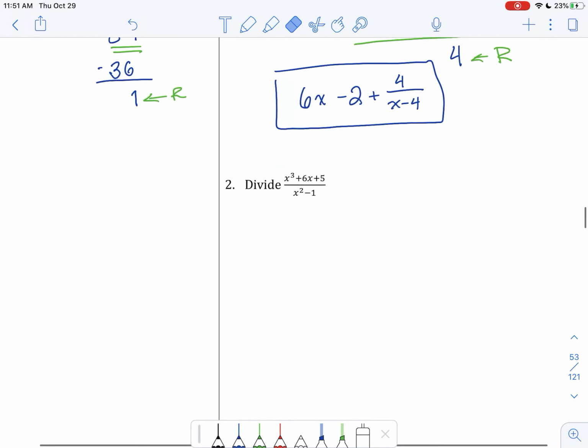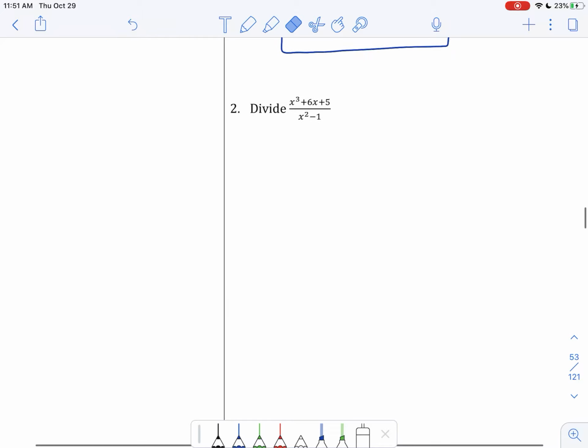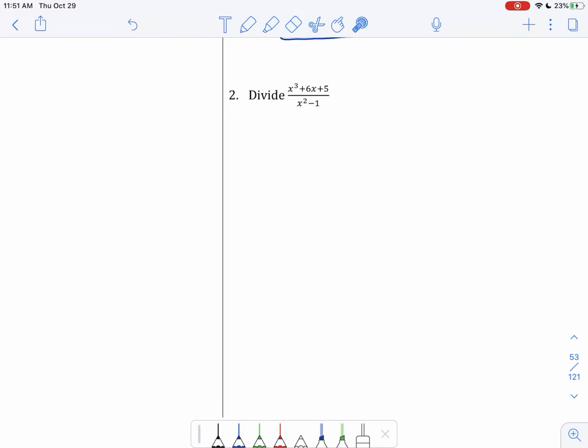Now for number 2, if I'm looking here, this one's really important because you'll notice we go 3x to the third plus 6x plus 5. So in this case, we have what I think of as missing terms. So we go straight from a power of 3 to a power of 1. And what we need to put in there is the missing term, which would be x squared.